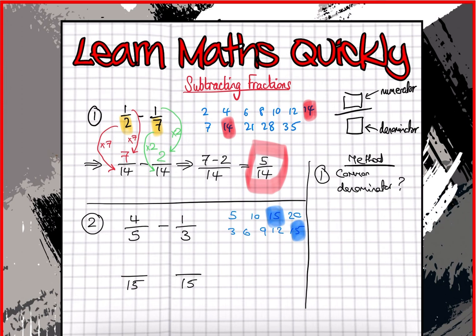Now we go back to looking at what we do to 5 to turn it into 15. Well, you multiply that by 3. So whatever you do to the denominator, you must do to our numerator as well. So we're multiplying the 4 by 3 as well to make 12/15.